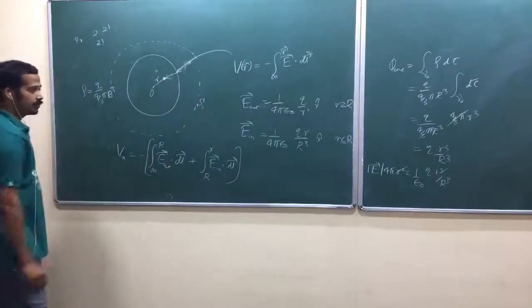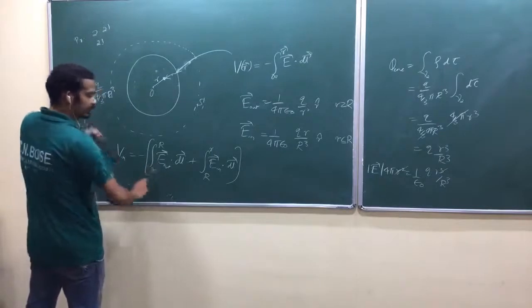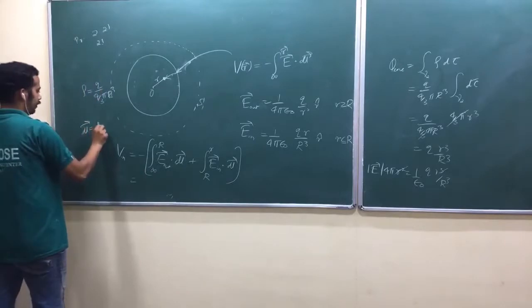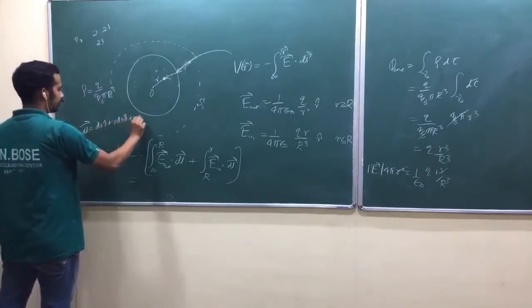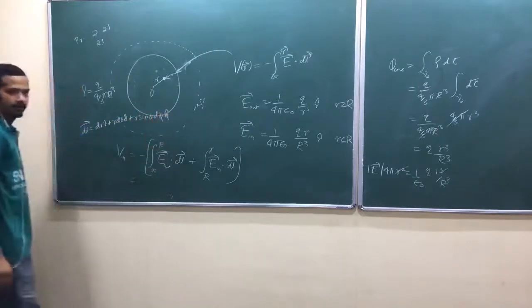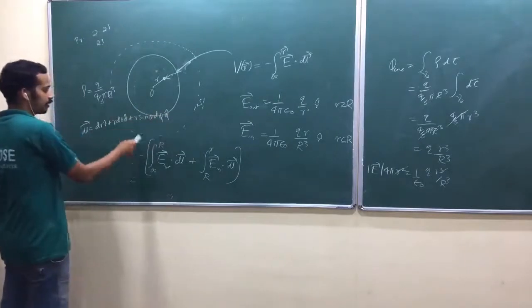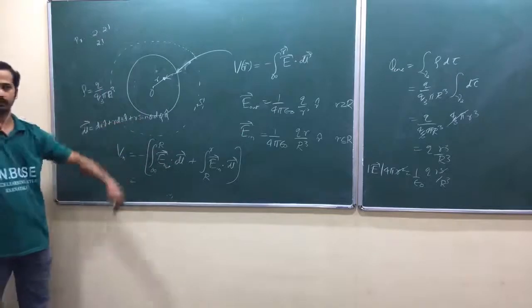Now, can you do this one quickly? I think this one I can directly write. What is dl vector? dr r cap plus r d theta theta cap plus r sin theta d phi phi cap. That's why you don't have to worry about this one. Why? Electric field is along r cap. r cap dot r cap will be non-zero, other parts will not come into it.